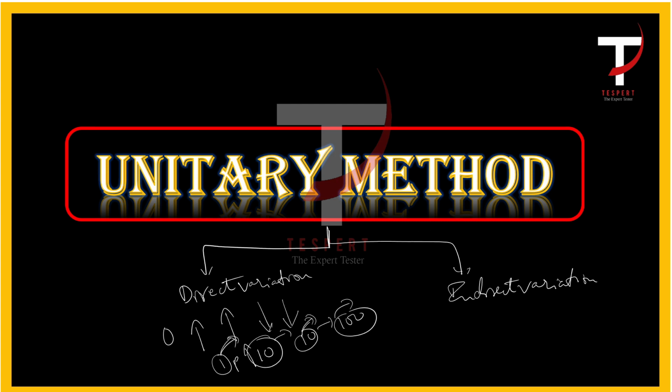What about the indirect variation? In indirect variation the relationship is in an indirect way. That means if one entity is increased, the other will be decreased. If one entity is decreased, the other will be increased.